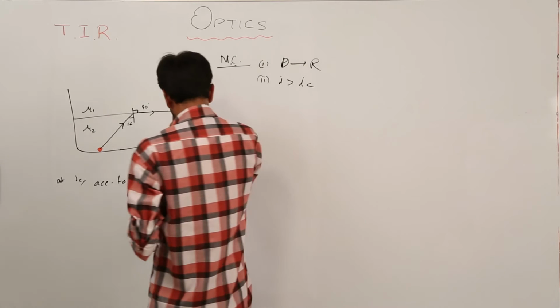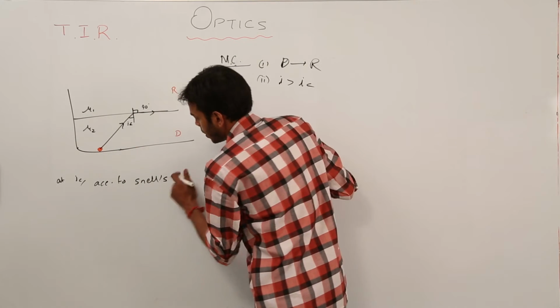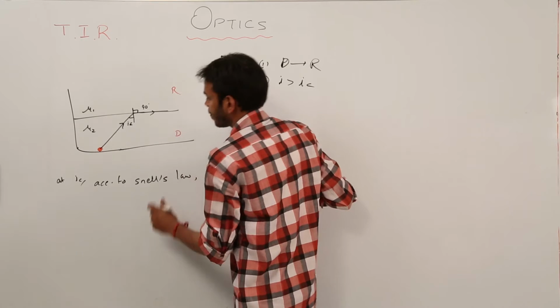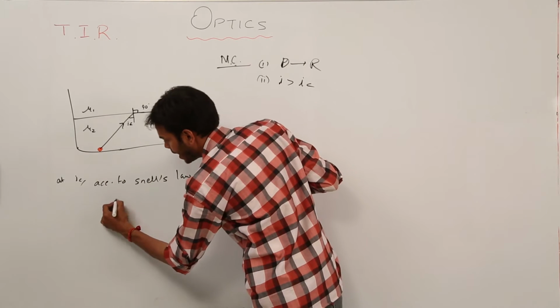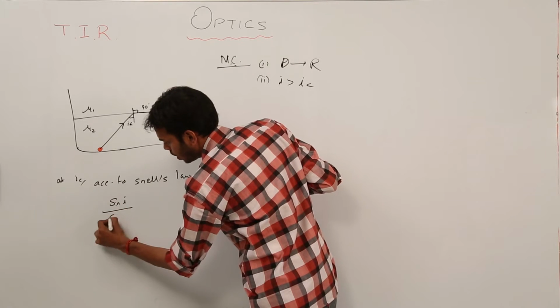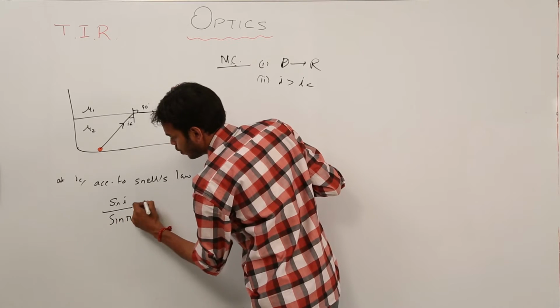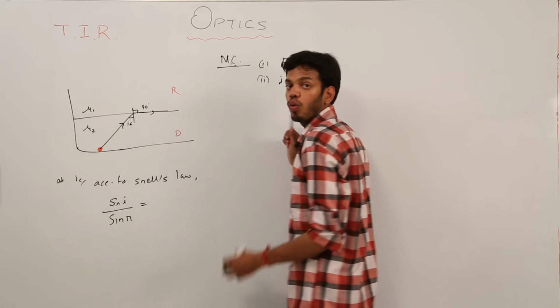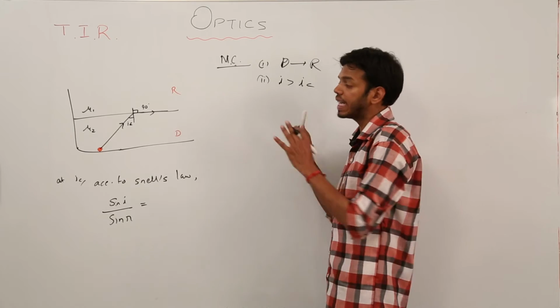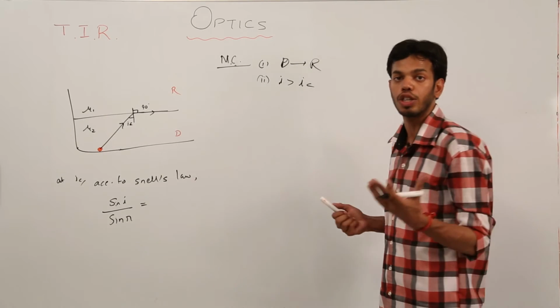According to Snell's law, what is Snell's law? sin i over sin r is equal to 1mu2 or 2mu1. I have repeated this so many times, now you guys actually know.